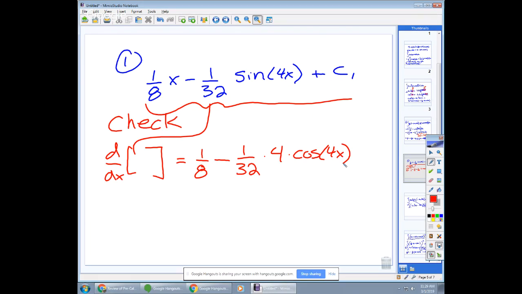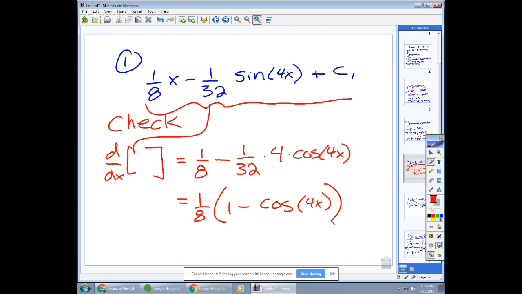All right, so this cleans up a little bit. 4/32 is really 1/8, which I can factor out. So now I have 1/8 times 1 minus the cosine of 4x.